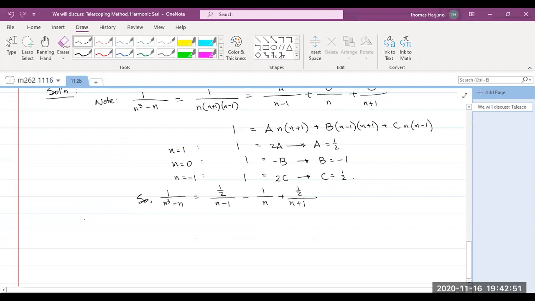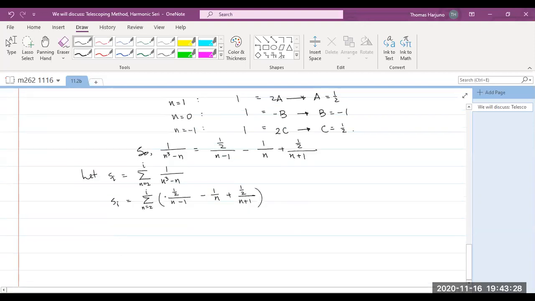Therefore, let Si be the partial sum up to i of 1 over n cubed minus n. Actually, it's not really the partial sum, I can say it's the sum to the ith term only. That equals 1 half over n minus 1 minus 1 over n plus 1 half over n plus 1.